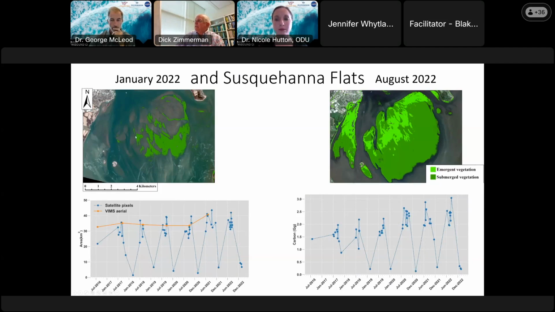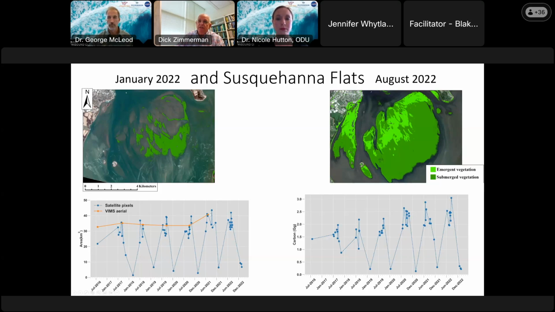There's patchy SAV abundance throughout this area, as opposed to August, when not only is the entire flats fully vegetated, but also the shallow areas along the shoreline are completely vegetated. You can see in our data, we pick up this dramatic seasonal fluctuation in SAV abundance that the annual aerial imagery provided by the VIMS SAV mapping team just can't reproduce.